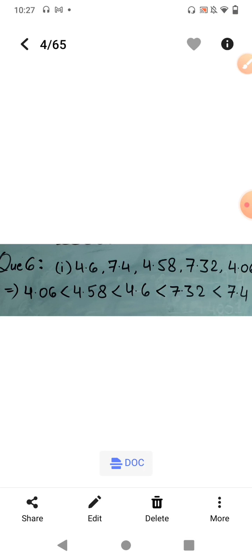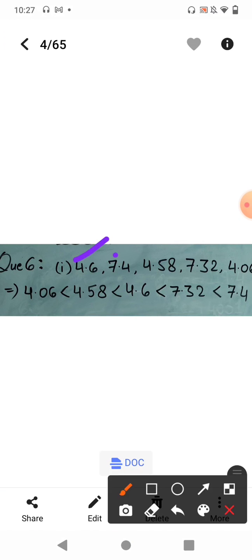This one. So how to compare? First we'll see the whole number part. Here it is 4, here 7, here 4, 7, 4. So there are three decimal numbers with the same 4, which means the whole number parts are the same.